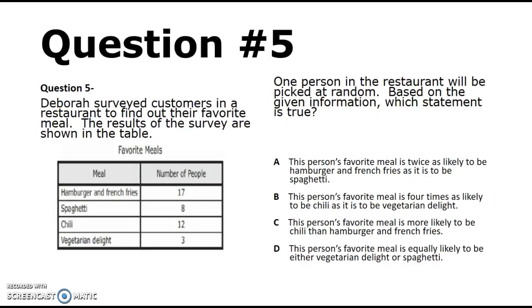B. The person's favorite meal is 4 times as likely to be chili as it is to be vegetarian delight. C. The person's favorite meal is more likely to be chili than hamburgers and French fries. D. This person's favorite meal is equally likely to be either vegetarian delight or spaghetti.